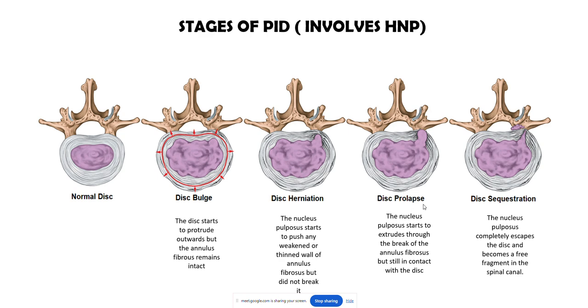For the prolapse, the nucleus pulposus starts to protrude through the annulus fibrosus, but is still in contact with the disc. For the stage of sequestration, the nucleus pulposus completely escapes the disc and becomes a free fragment in the spinal canal.